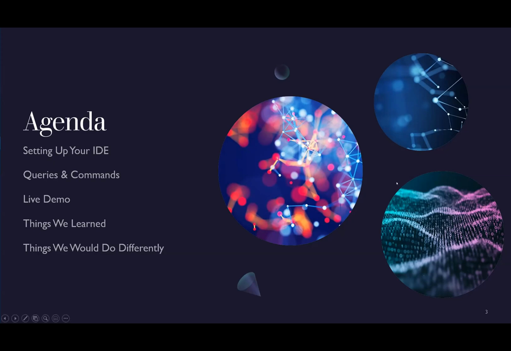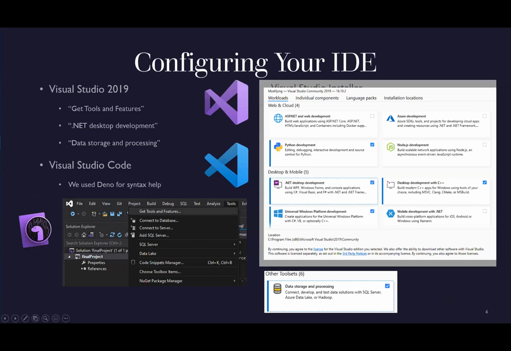So let's jump right into setting up the IDE and getting a data server up and running. For our demonstration later, we are going to be using Visual Studio and Visual Studio Code. If you already have Visual Studio installed on your computer and you didn't install, or you are not sure if you installed the SQL related packages that are shipped as optional workloads in Visual Studio, then you'll have to reconfigure your IDE to include them.